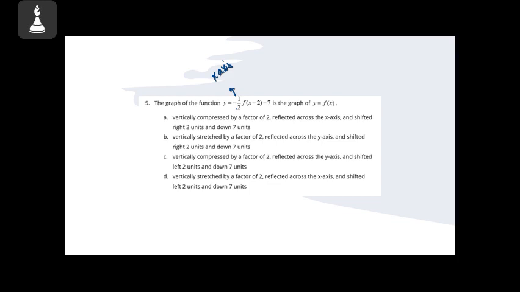The number out front is between 0 and 1, which means we're going to compress and not stretch. Inside here, minus 2 means I actually move right 2. And then a minus 7 outside means I'm going to move down 7. So we're going to flip over the x-axis, compress, go right 2 and down 7. And that is answer choice A.